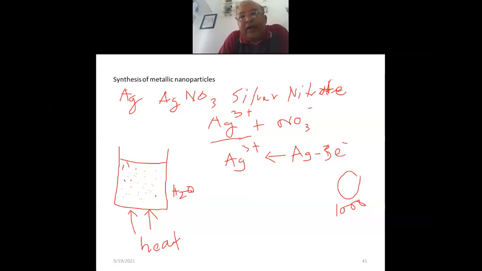All right, now look at the situation here. No matter how much we try, suppose there are two, I'm just saying two, there's one silver ion here and another silver here. And I want to bring them together.